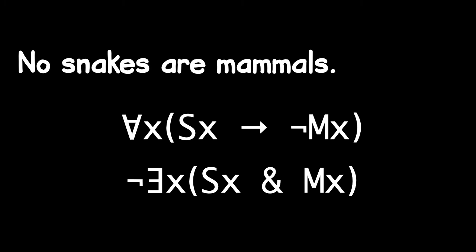If you think about it in existential terms, it's saying that there doesn't exist a snake mammal. So does not exist X, SX, and MX. Again, these are equivalent translations, so they're both right answers. But they use different quantifiers, different connectives, and they put negation in different places.